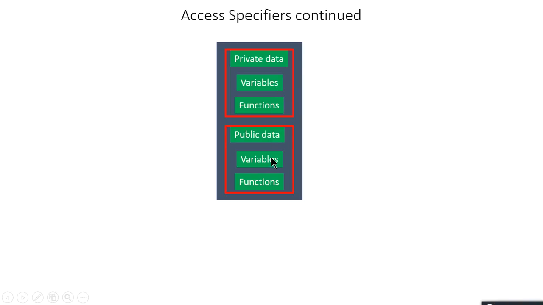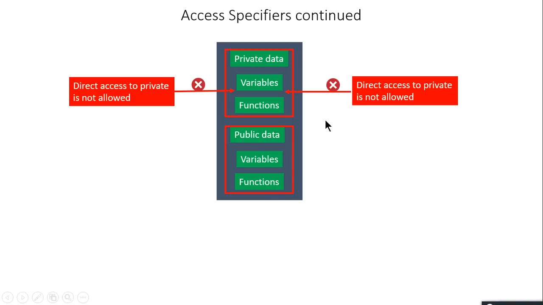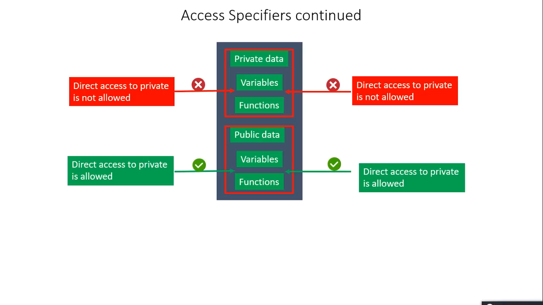Okay, now outside the class, if someone tries to access the private members of a class, they cannot do that. So direct access to private is not allowed, either it is an object or a child class. But definitely public members of a class can be accessed from the outside by the child classes and the objects, so you can access the public members of a class.